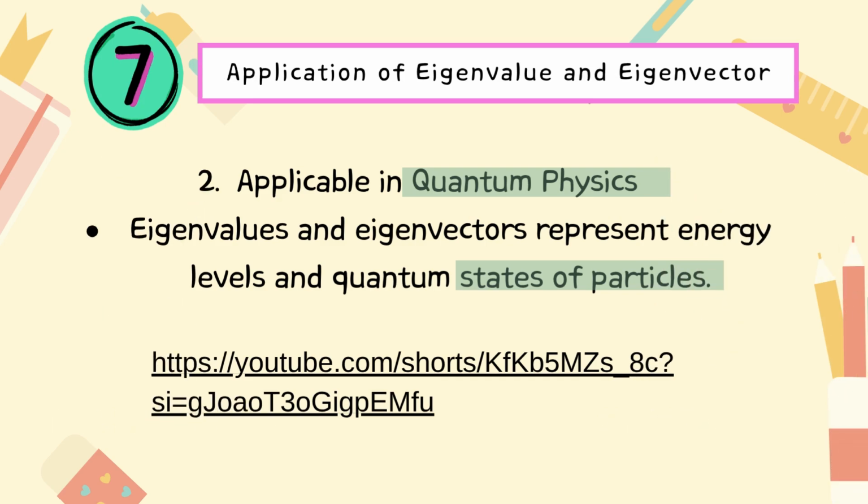Next, the second application of eigenvalues and eigenvectors that we are going to present is in quantum physics. So in quantum mechanics, eigenvalues are used for energy levels, for example, electron orbits.